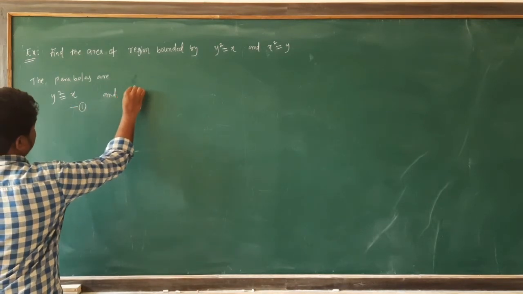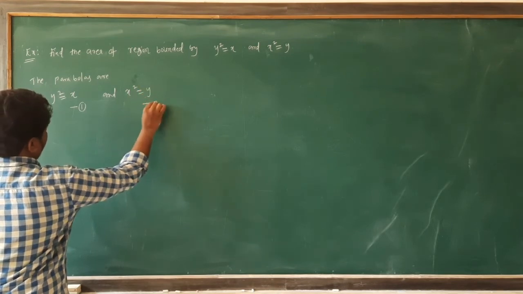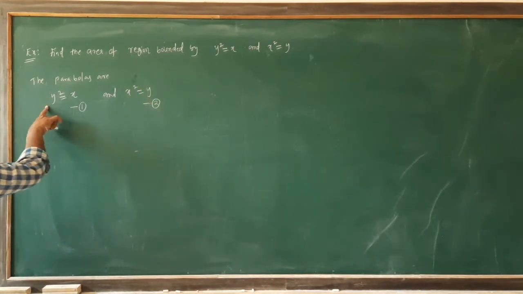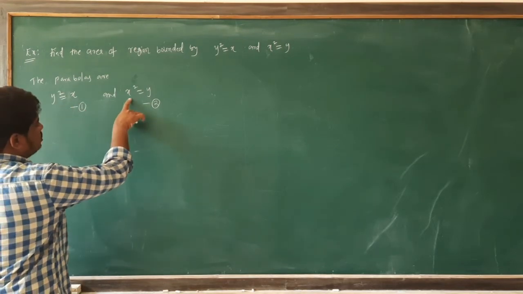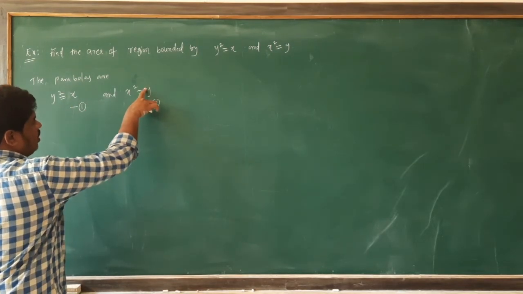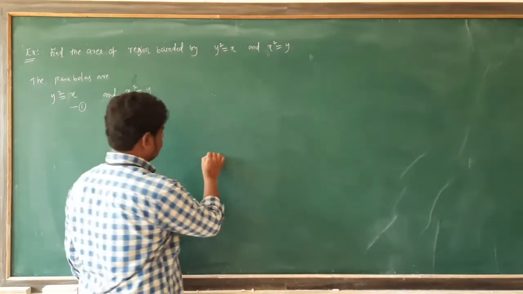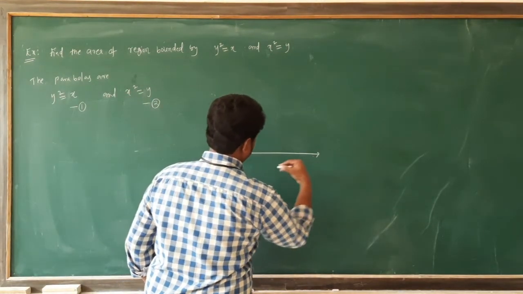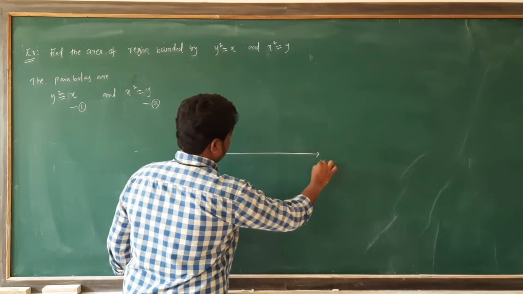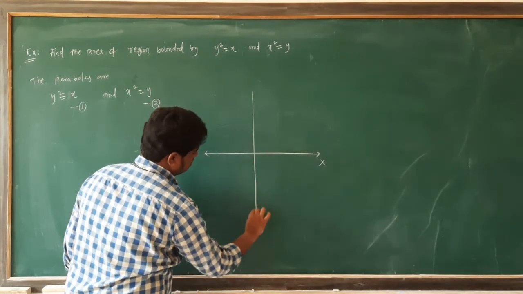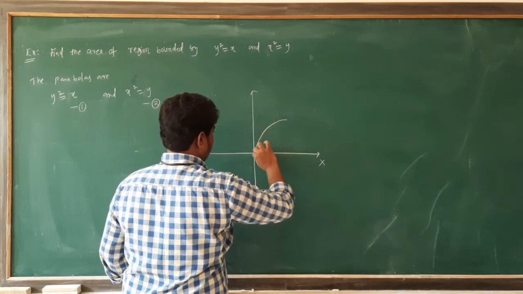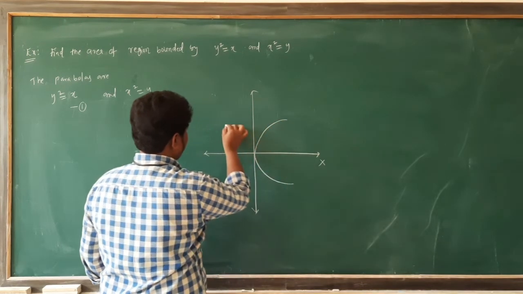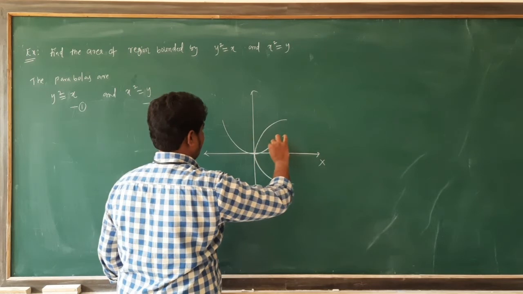And x square equals y, take it as 2. Y square equals positive 1 into x, and x square equals positive 1 into y. So those are type 1 and type 3 parabolas.